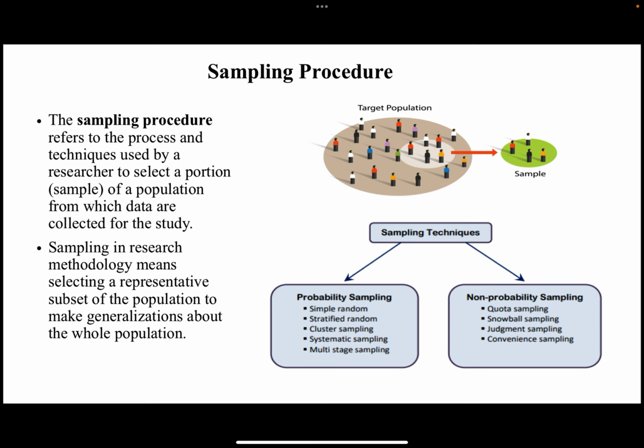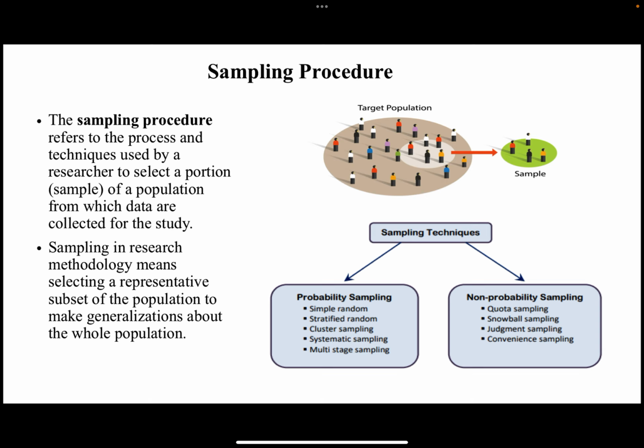So instead, you are going to select, let's say, 400 to 500 people who would represent the population. The process of selecting those people is what we call sampling procedure. That process of selecting a portion from within your population is what we call sampling procedure.